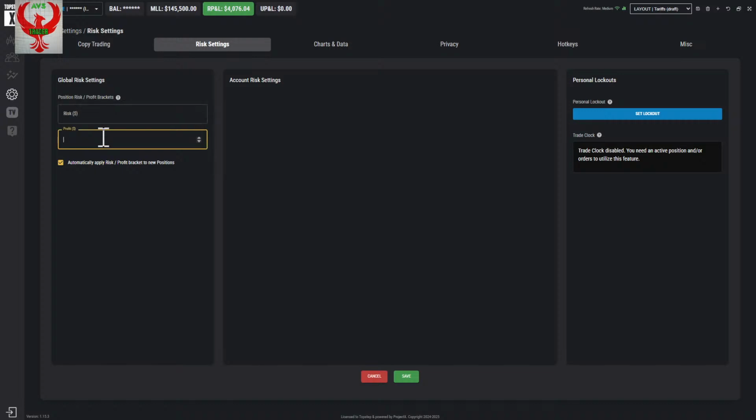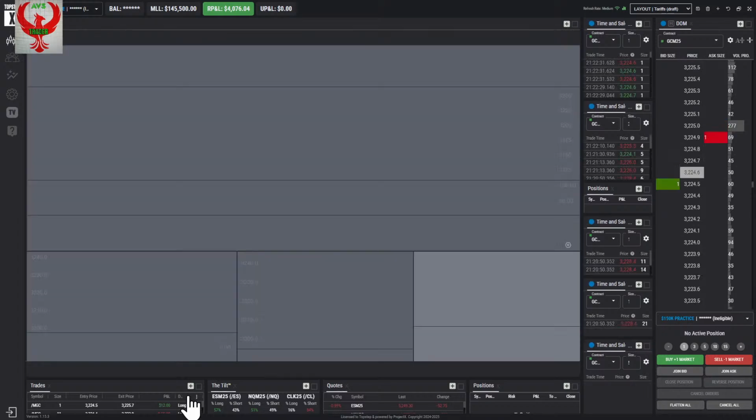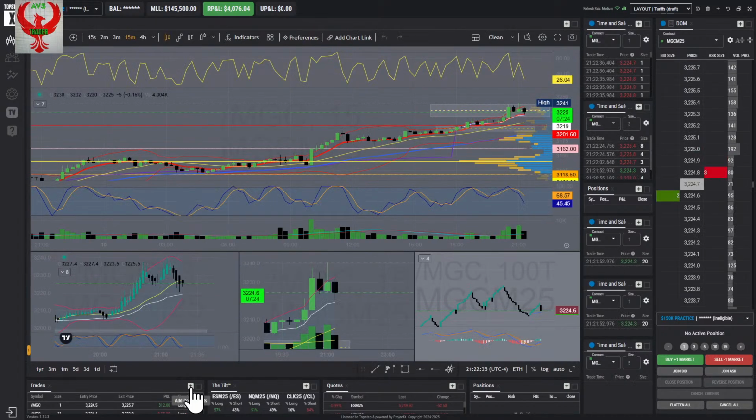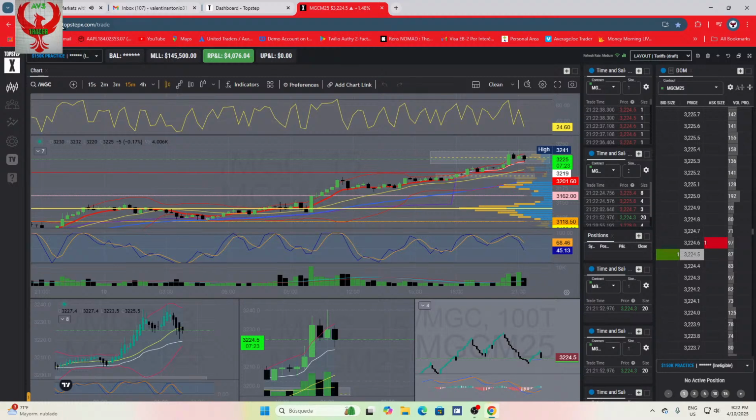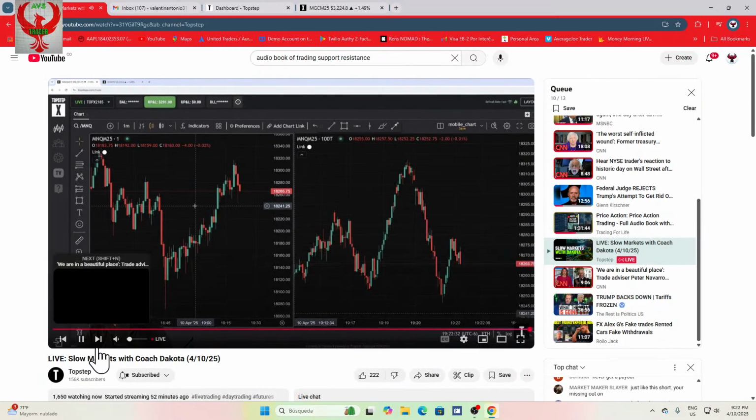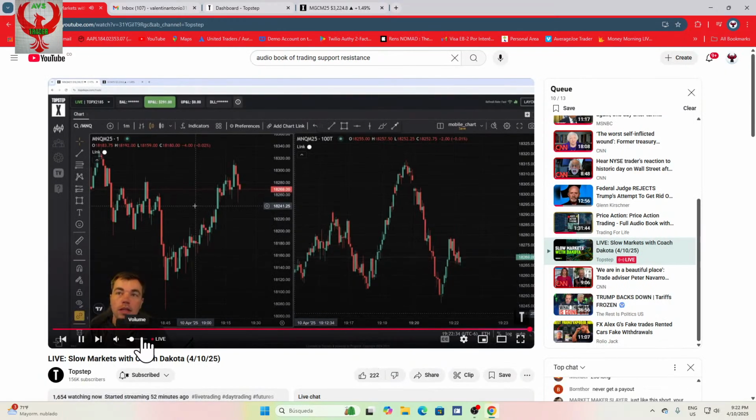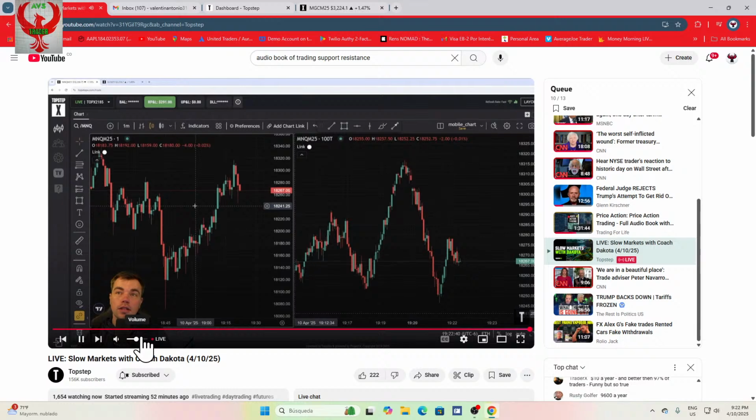Now that same person that was averaging 10 points a day on a micro, maybe in 4 years they're trading 3 minis. 10 points a day on 3 minis is $600. That person's making $600 a day on average for a whole year. That is trading for a living.